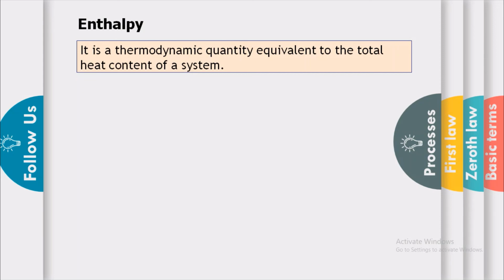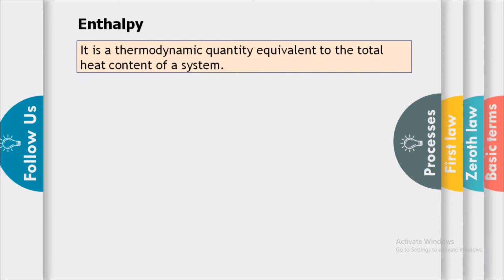And in the analysis of open systems, it is convenient to combine the specific flow work, that is PV, with the internal energy U, as both of them increase the energy of the system. So the sum of specific internal energy and specific flow work is an intensive property of that system.